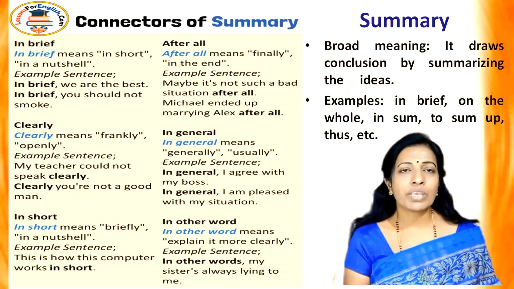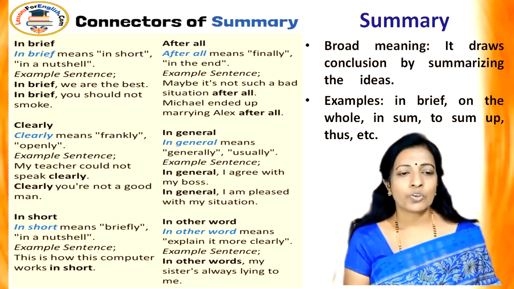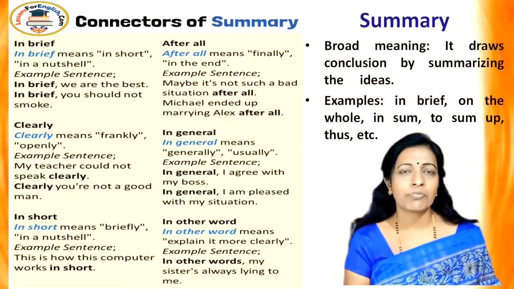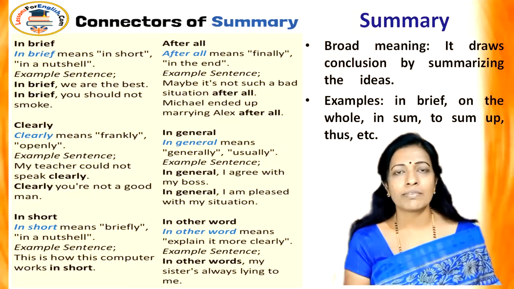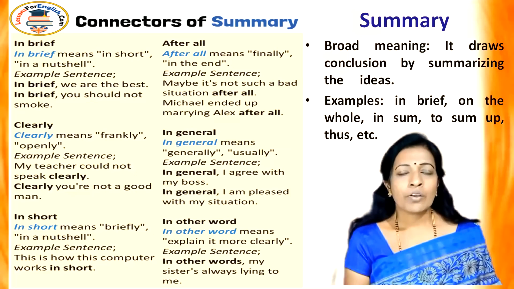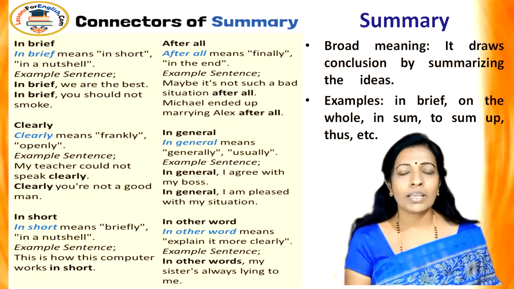When you are using in brief or in short, it means that you are saying something in a short manner or in a nutshell. That is, very briefly, you are going to summarize the entire message which has been given. When you say clearly, it means that you are trying to summarize everything in a clear, frank, and open manner.